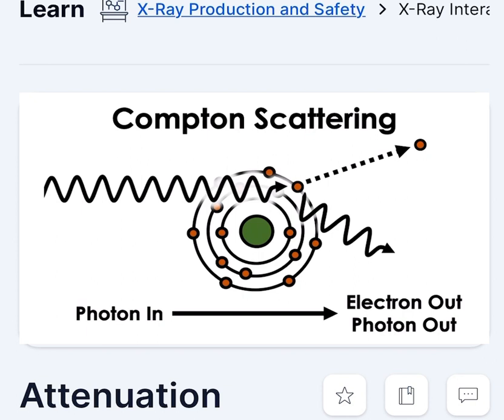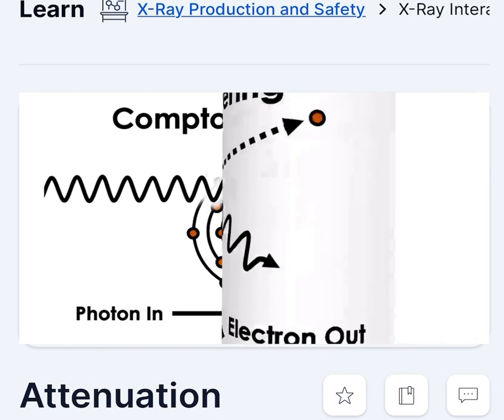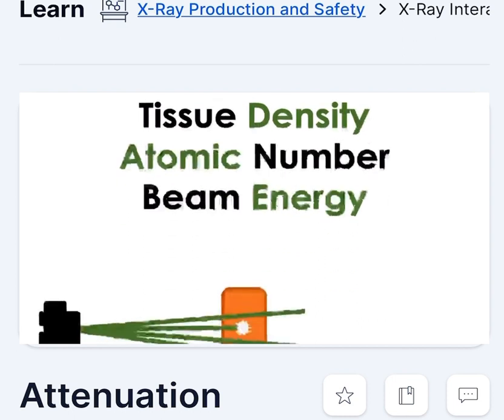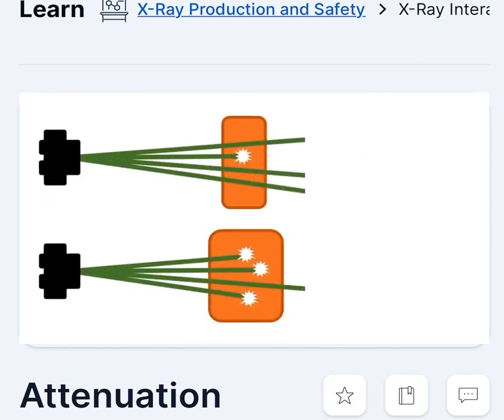So how often do these attenuating interactions happen? Well, the amount of attenuation is actually dependent on a few things: part thickness, tissue density, atomic number, and beam energy. Let's start by talking about the part thickness. As part thickness increases, attenuation increases. In the upper image, we're dealing with some part of the body that has less thickness.